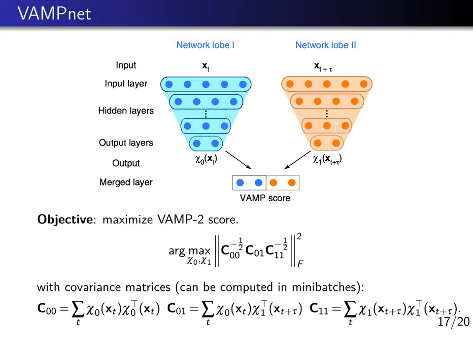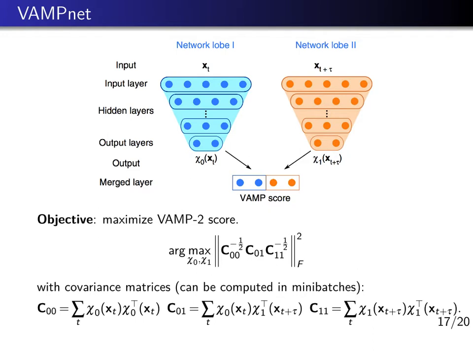So we can define networks that map from input xt to the latent space. And this map can be called zt, but now we will just call it chi0 of xt because we will have possibly two different functions. And the second function, that's another neural network that will map xt plus tau to its latent space representation.